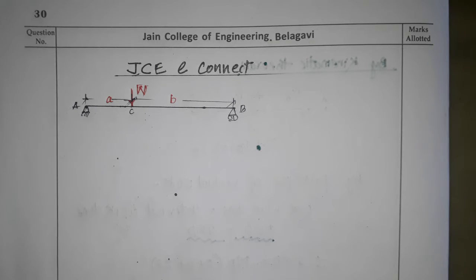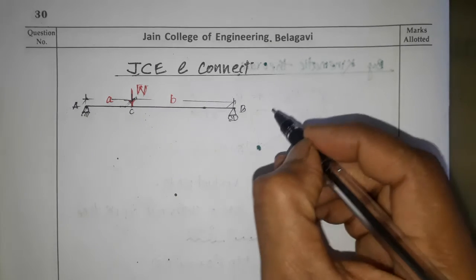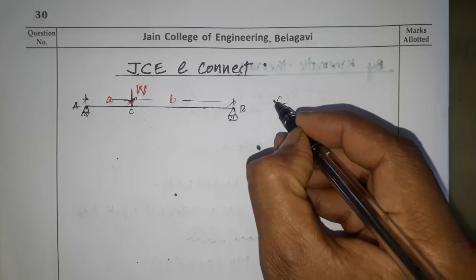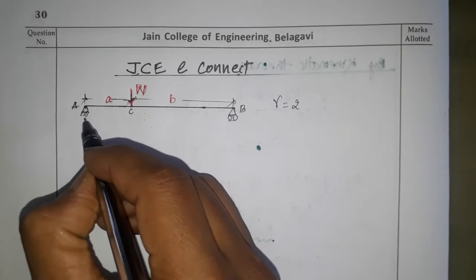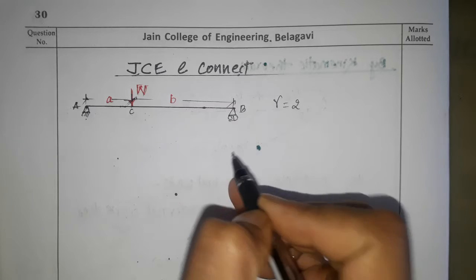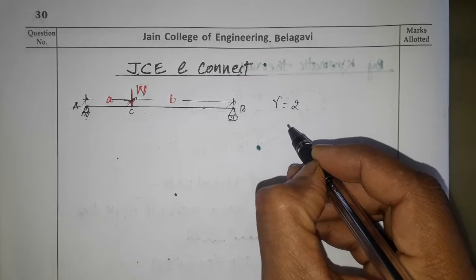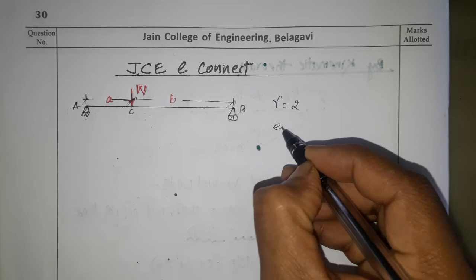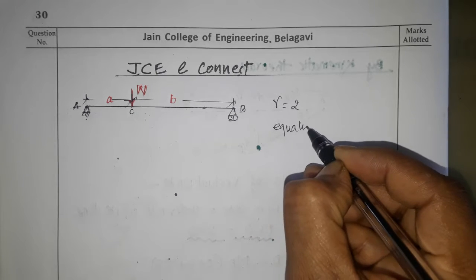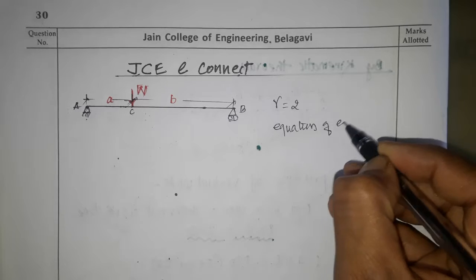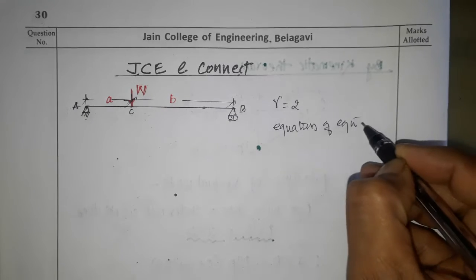Again we know that the reactions will be two, one vertical at A and one vertical at B, and the number of equations of equilibrium is equal to 2.